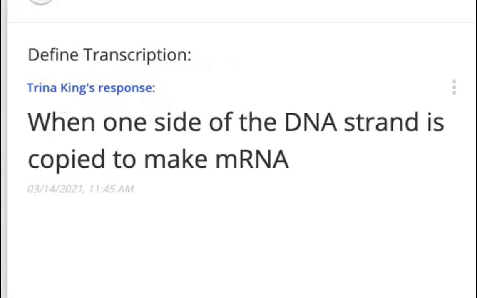Transcription, number 20. Transcription, again, is when one side of DNA is copied to make RNA. Yes, Ethan. Can I just put transcription as half of DNA? No, make sure you have the keyword copy. Copy is a major keyword.